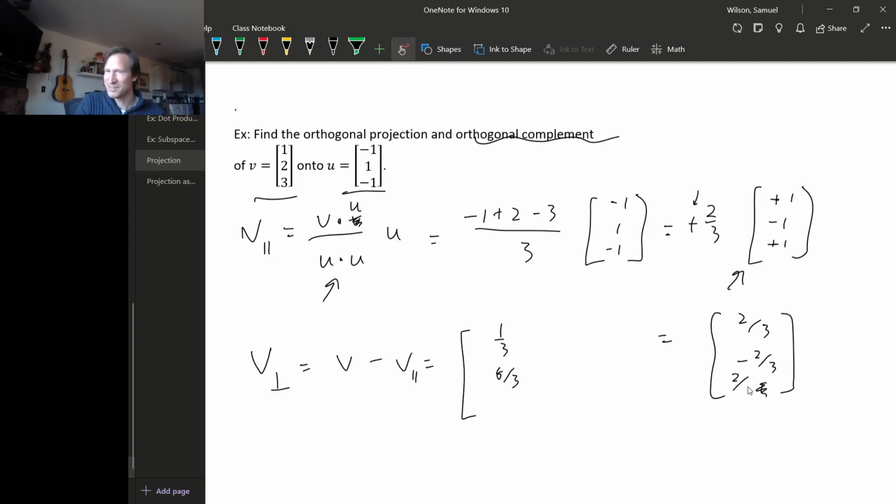This should be a 2/3. Okay, so 3 minus 2/3 is 7/3. Okay. Notice that if we actually take this v perp and dot it with u, we do get 0. So this formula for getting v perp, it does produce a vector that's perpendicular to u.